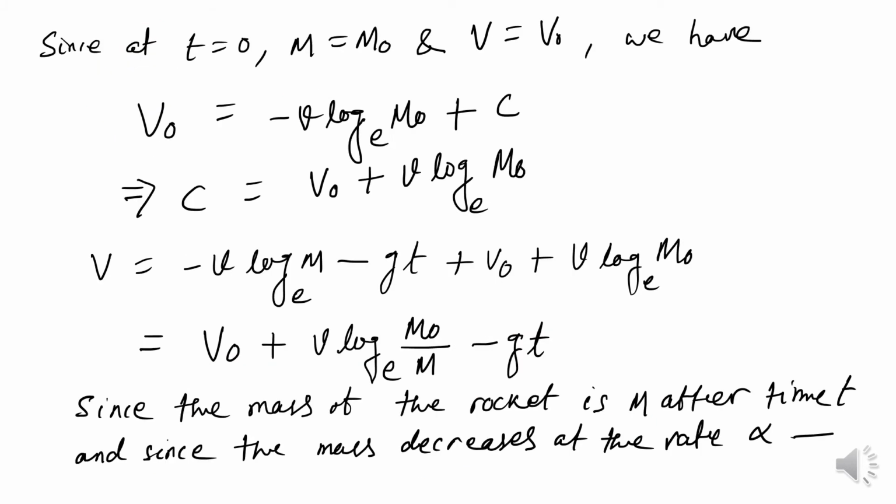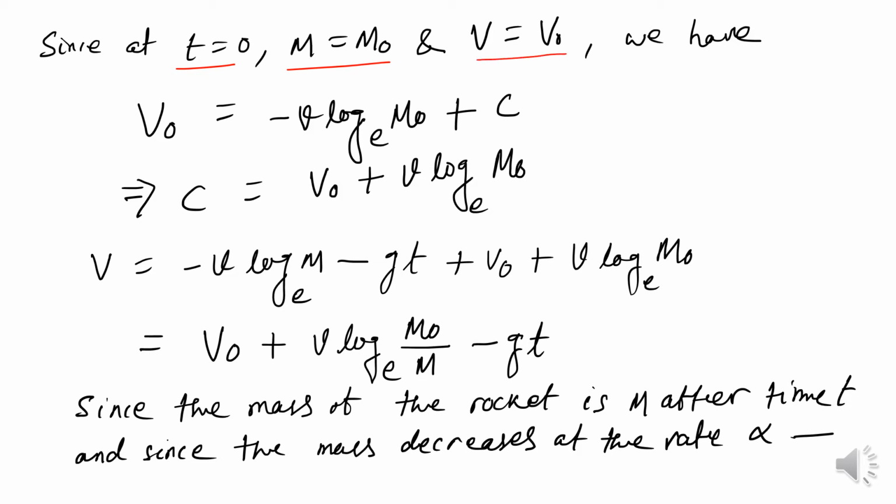To find the constant of integration, let us put the boundary conditions. Take t equals 0, M is M0, the initial mass of the rocket including the fuel and the oxidizer, and the initial velocity V is equal to V0.